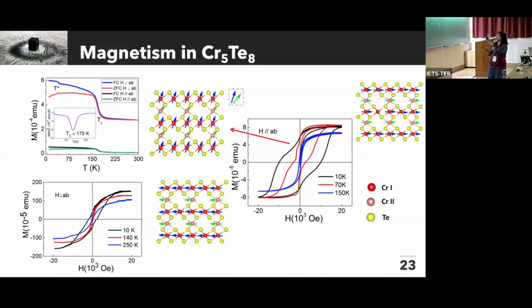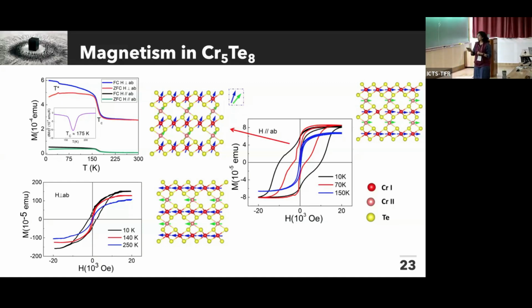But when you reduce the field to 0, first of all you see that the spins of the chromium 1 atoms are trying to come back to the easy-axis direction, whereas the spins on the chromium 2 are still canted. Then you have to apply a coercive field in the opposite direction to make all these spins go to the easy-axis direction, and the same thing happens in the negative field direction.